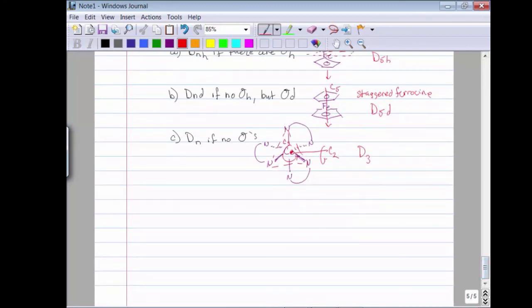And then the last group, 5, if there are no rotation axes that you can find, you basically go back to the beginning.